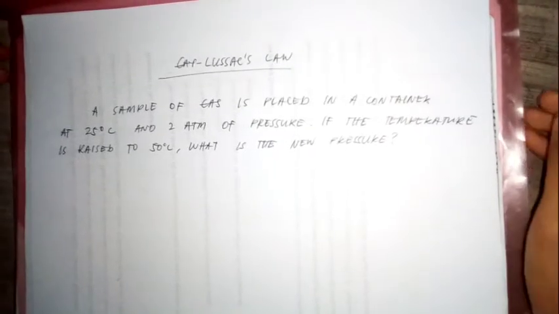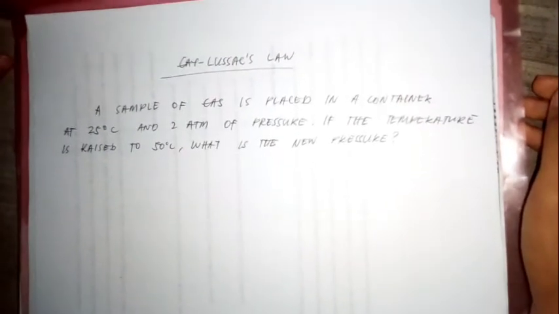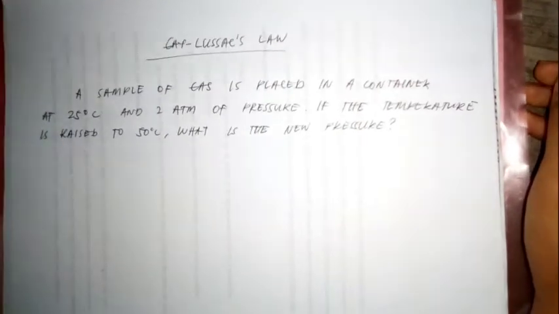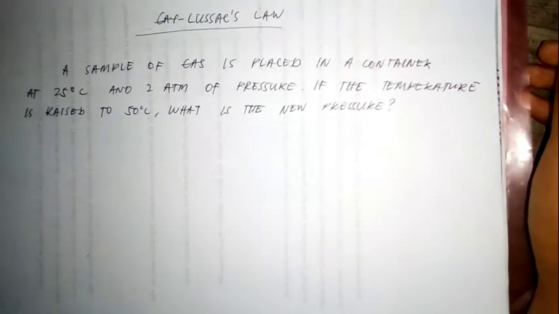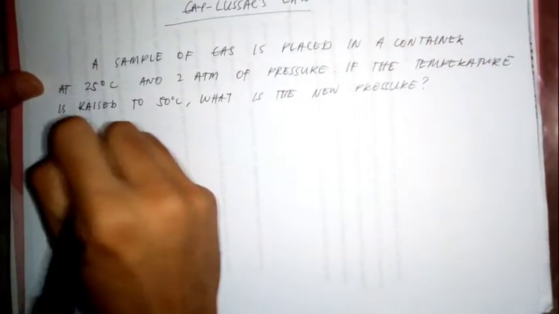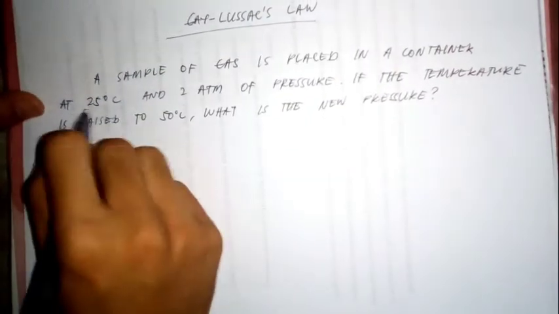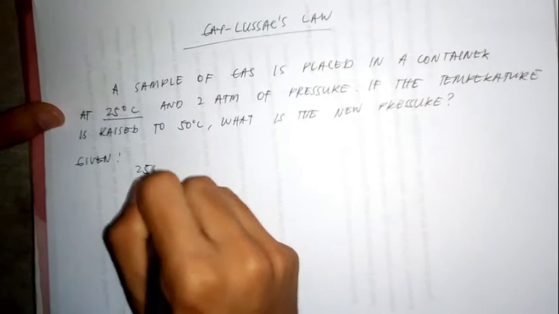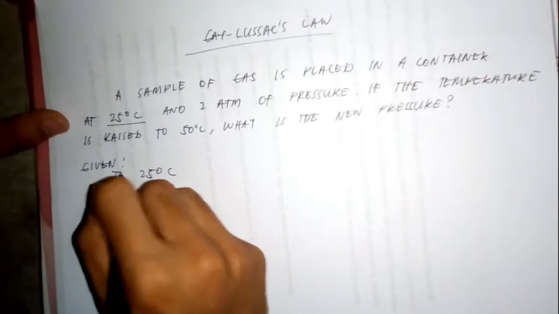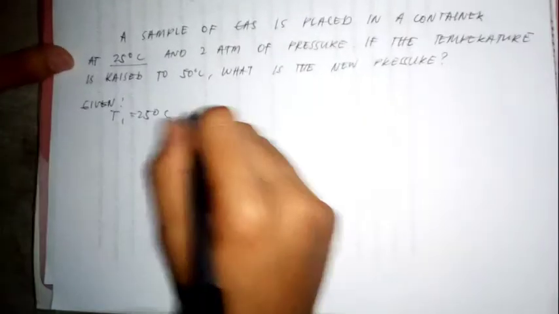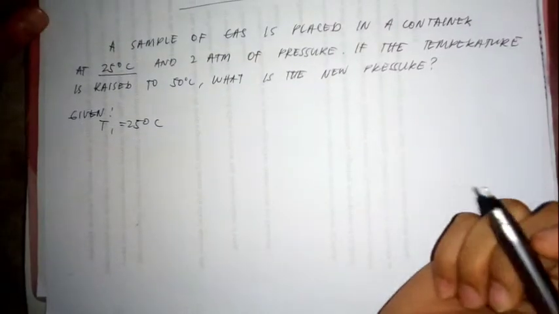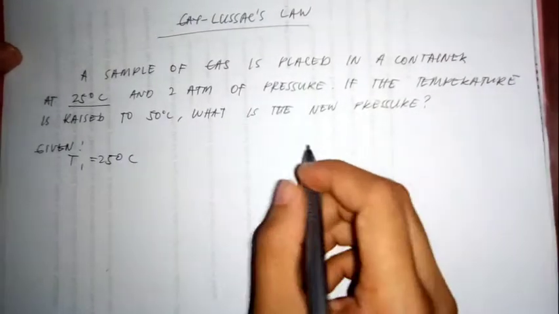The Gay-Lussac law. Gay-Lussac law is also directly proportional, from the relationship of pressure and temperature. So here's an example problem. A sample of gas is placed in a container at 25 degrees Celsius and 2 atm of pressure. If the temperature is raised to 50 degrees Celsius, what is the new pressure? First, identify the given. Given are 25 degrees Celsius, that is the initial temperature, but in solving gas laws, it needs to be converted to Kelvin.